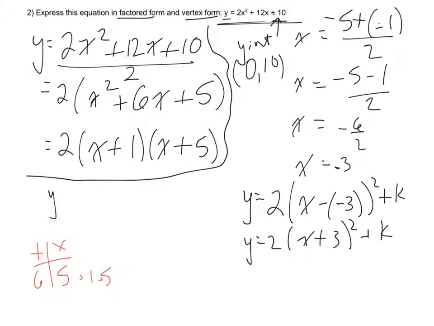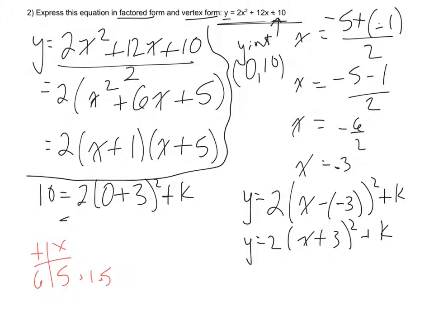Let's clean that up a bit. That's going to be 10 from my y-intercept, so 10 equals 2 times bracket 0 from my y-intercept plus 3 squared plus k. Now we can isolate neatly for k.